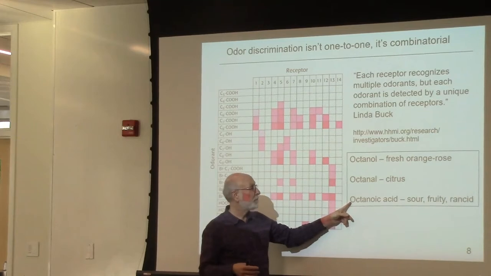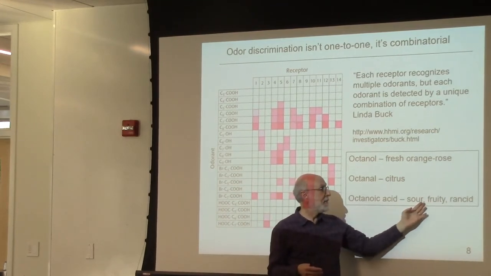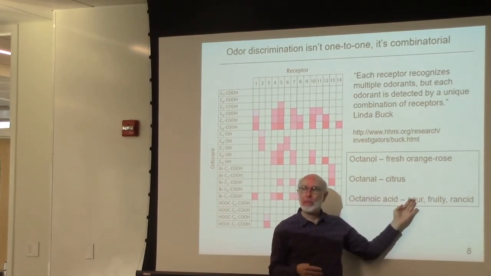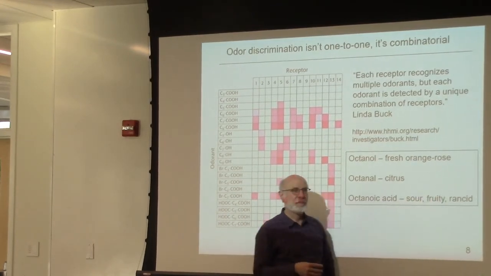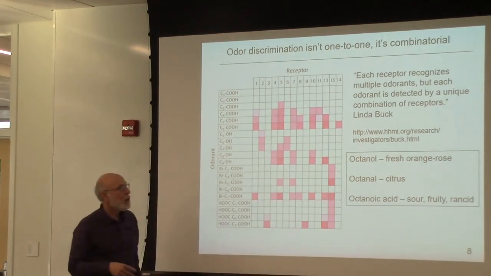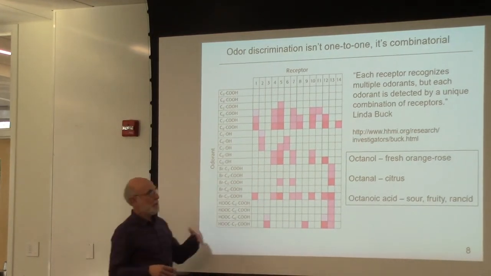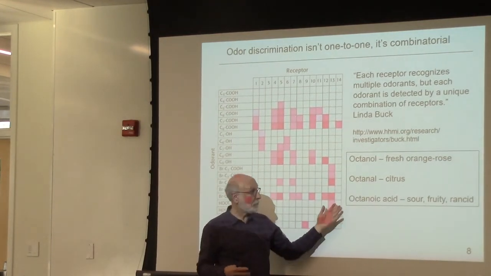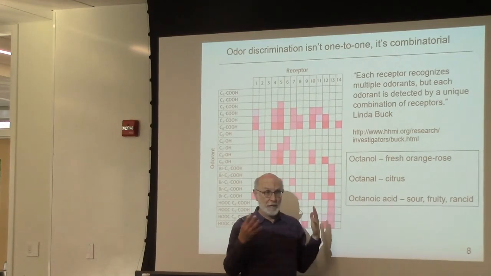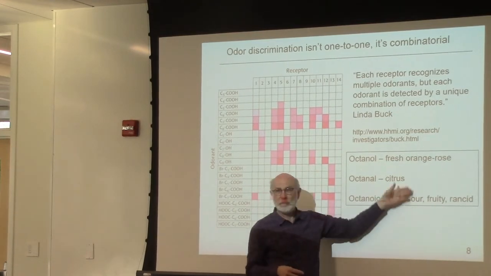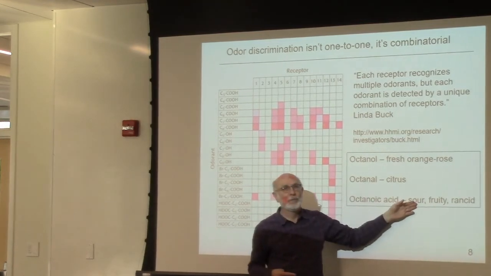I mean, subtle differences because it's a subtle change in structure. Octanoic acid can smell sour, rancid. So very small changes in structure produce detectable changes in sensation that we can give words to.